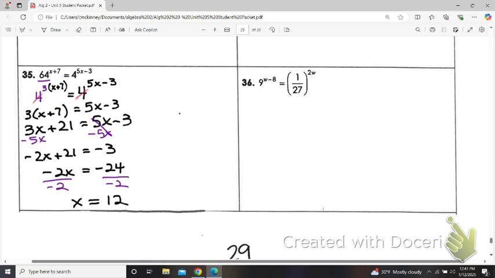Or if you just want to work along with me, that's okay too. So 9 is 3 to the second. But remember, there was already some exponents up there, so we need those in parentheses so that that 2 gets distributed.